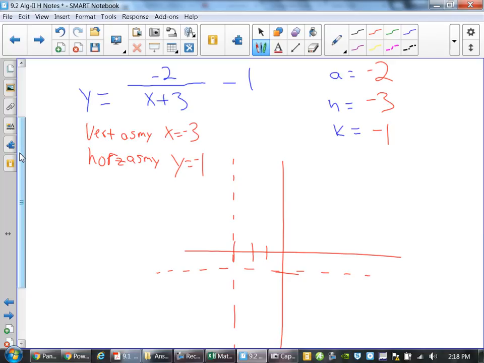What I want you guys to think of here is that we need to know what's happening on both sides of the vertical asymptote. So we're going to check 2 points on one side and 2 points on the other. 2 points on the left, well, I got negative 4 and negative 5. And then on the right, we have negative 2 and negative 1. And we're just going to substitute in the value of x and work through it.